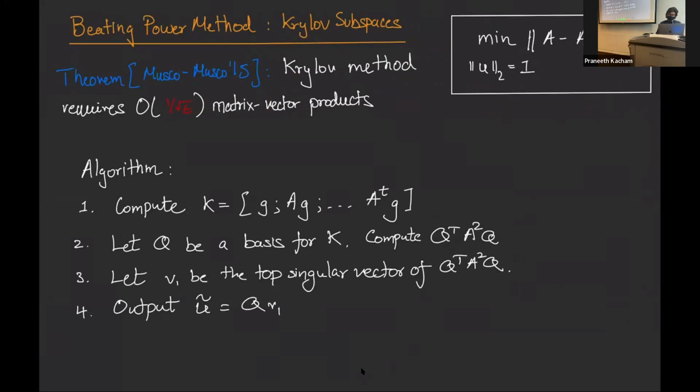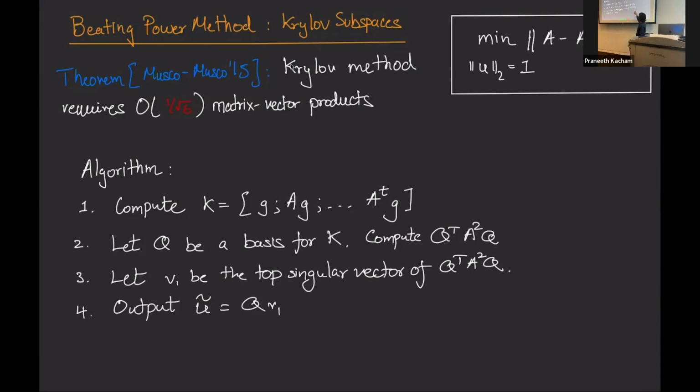Anupam asks how you find this vector. Great question, Anupam. Here's the algorithm. You start off with your Krylov subspace K. You compute an orthonormal basis for this Krylov subspace. Let this basis be the matrix Q. You then compute Q transpose A squared Q. If the Krylov subspace has t columns, then this is going to be a t by t matrix.